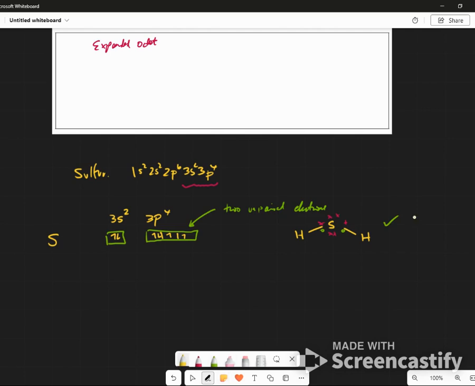But you can do something weird, which is called expanding the octet of sulfur. And this is what happens here. This is going to be scary for you if you've never seen this before. There's 3s2. This is 3p4, and these are 3d electrons.